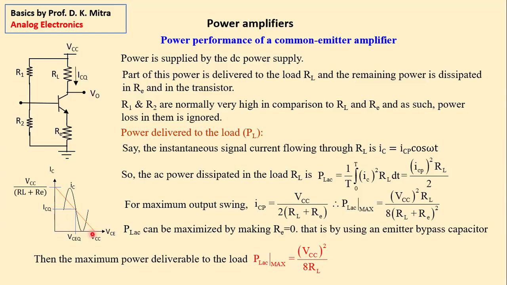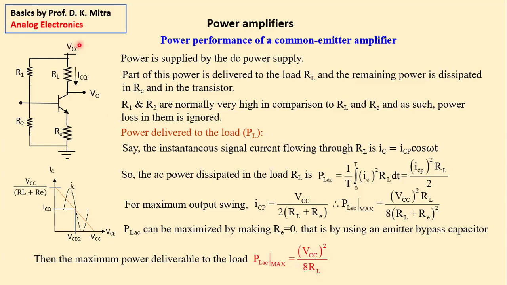So actually we deliver much less signal than the maximum possible. That is, this maximum I_CP we do not supply. If you try to do it, there will be nonlinearity and distortion in the sound output. Anyway, today we are in the theoretical study.